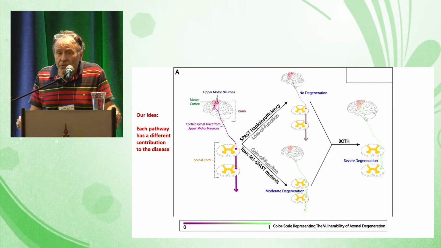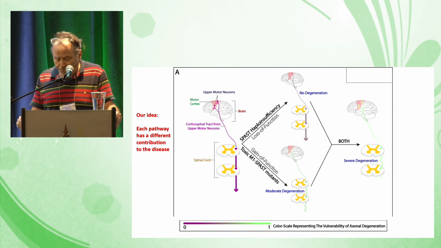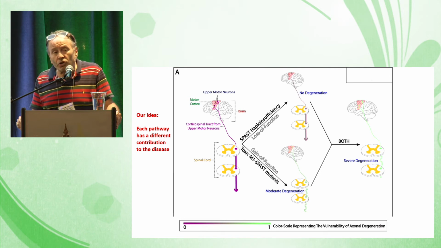That said, though, the gain-of-function toxicity that's really the more important cause of the disease, that again gets really, really tricky. We've done some work where we think that part of the toxicity is a hyperactivation of a kinase called casein kinase 2, CK2.